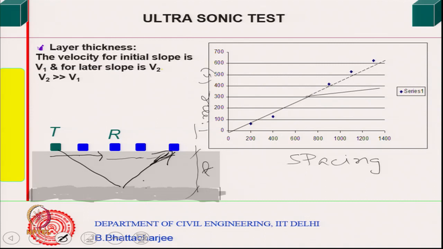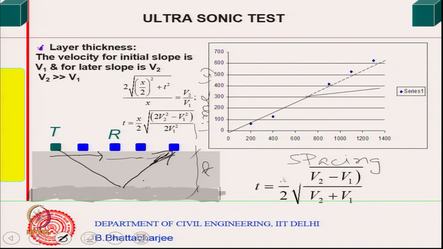Suddenly you will find that there is a change in the slope. Initially the slope was something like this, then there is a change in the slope, and the thickness of the layer is given by this sort of formula. T is equal to x by 2 times the square root of (V2 minus V1) by (V2 plus V1), where x is the distance spacing, equal spacing.